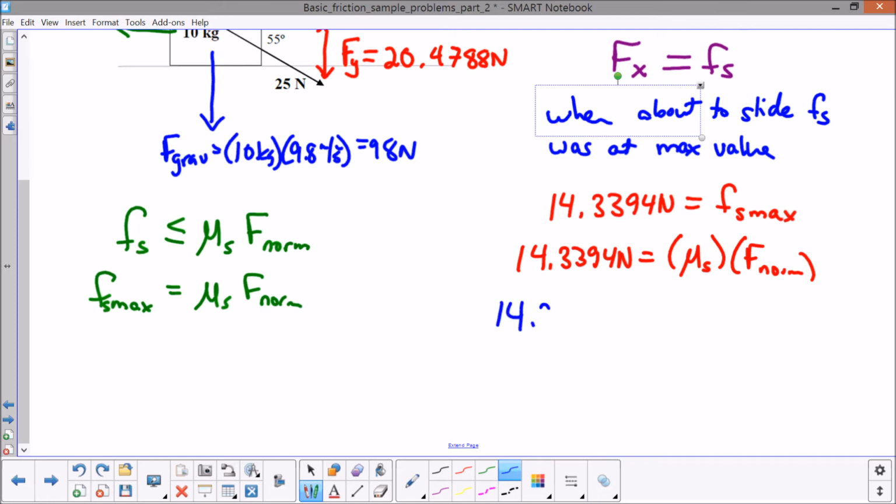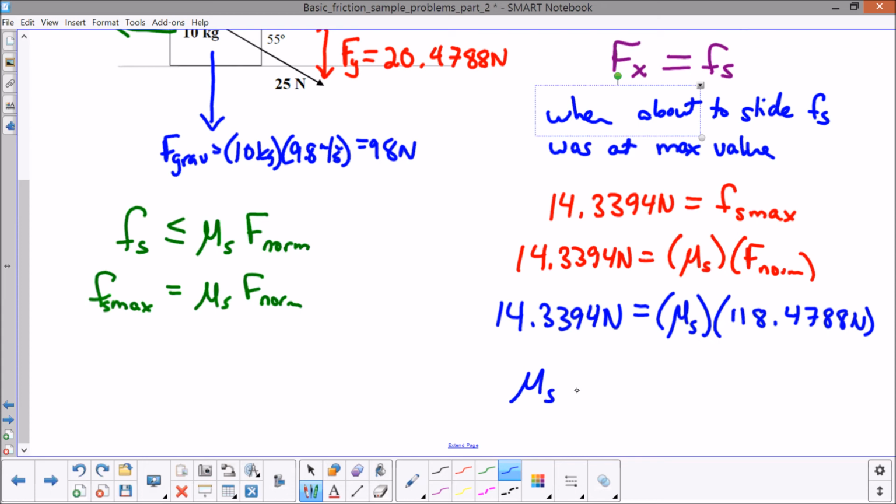So we have 14.3394 newtons equals the unknown coefficient of static friction times the normal force that we found above. Again, that normal force was not just the weight, but it was the weight plus the y component of the applied force, which was 118.4788 newtons.